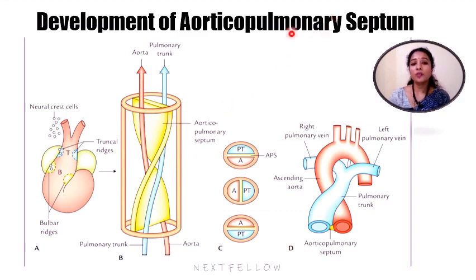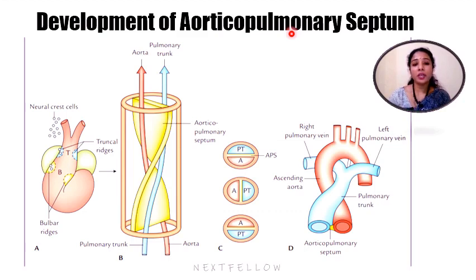So during the 5th week, the ridges of subendocardial tissue form in the bulbus cordis, forming bulbar ridges. Similar ridges also form in the truncus arteriosus, which are called truncal ridges, and are continuous with those of bulbar ridges, and actively separate the aorta and pulmonary arteries, and fuse with the interventricular septum during heart development.